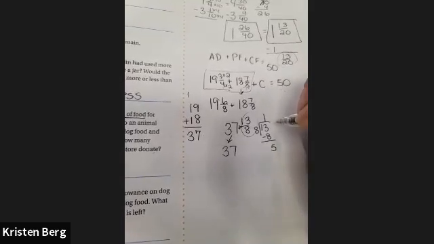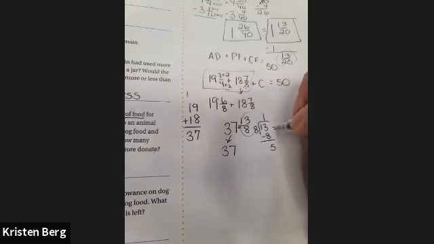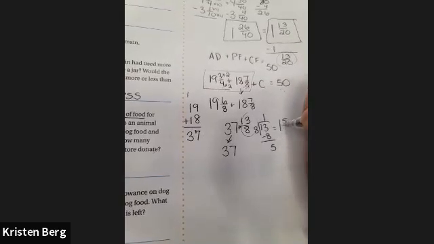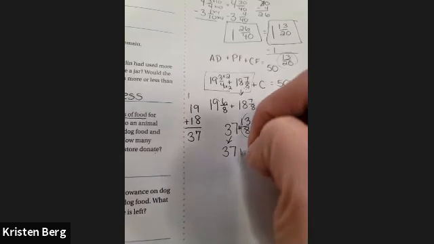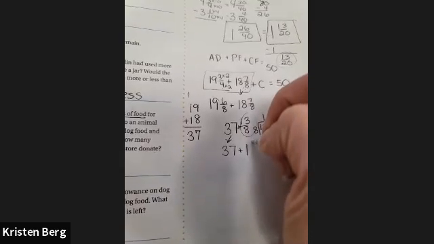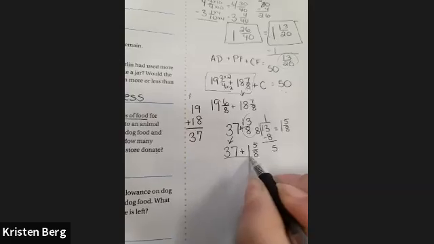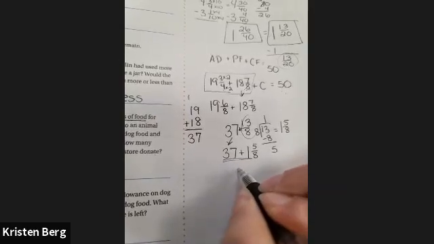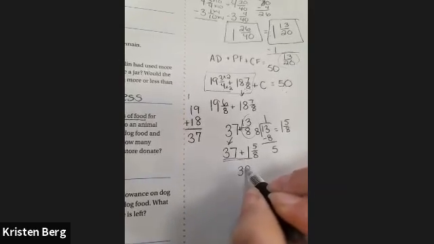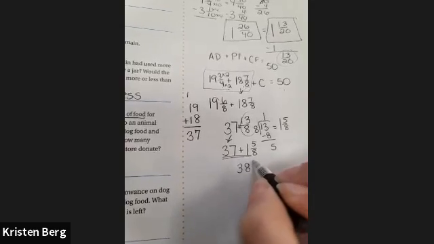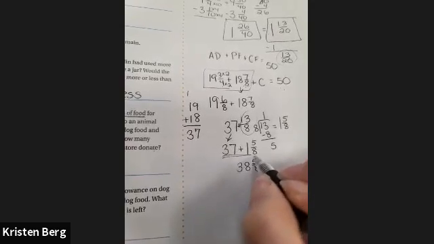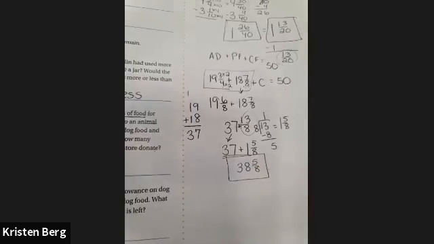So therefore, my answer is 1 and 5/8. So what is 37 plus 1 and 5/8? That would come out to be 38 wholes and then 5/8 because we are adding.